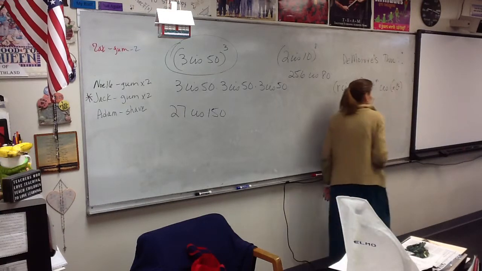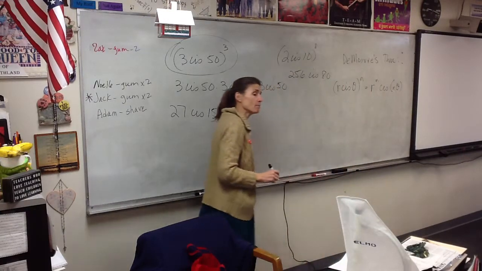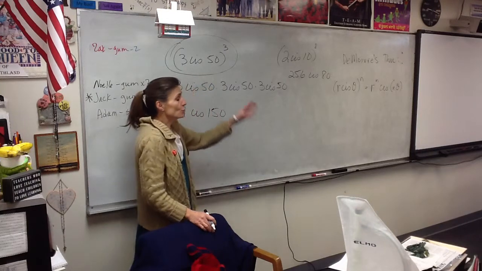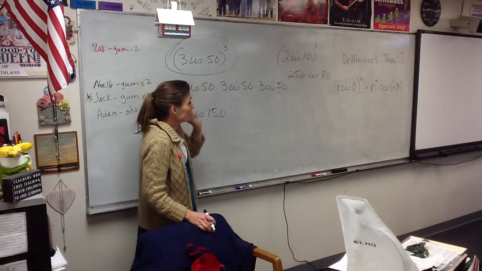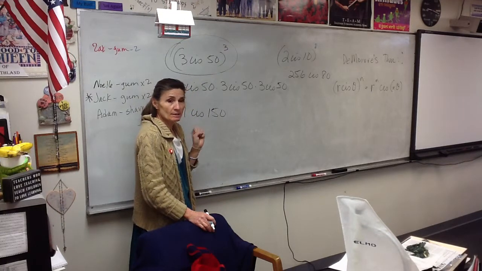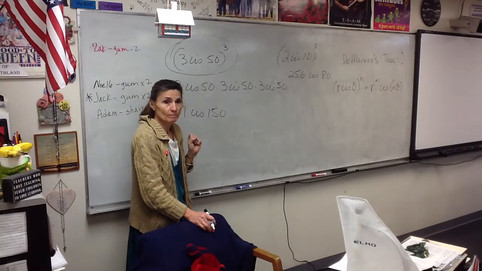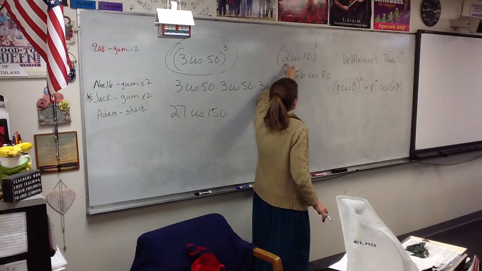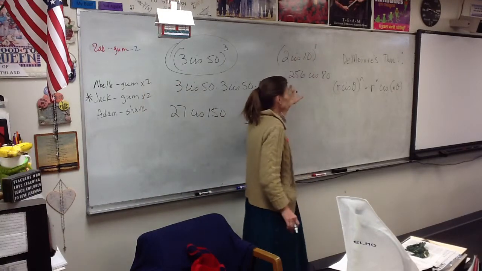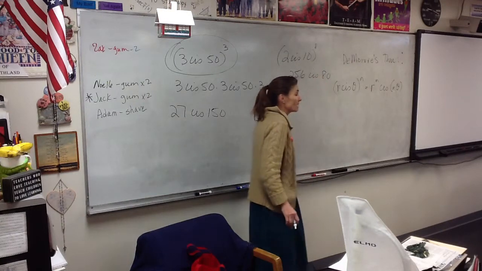That's exactly right. If you want to raise a number to a power, you raise the radius to the power, and you multiply the angle times the power. That's exactly what you did right here.